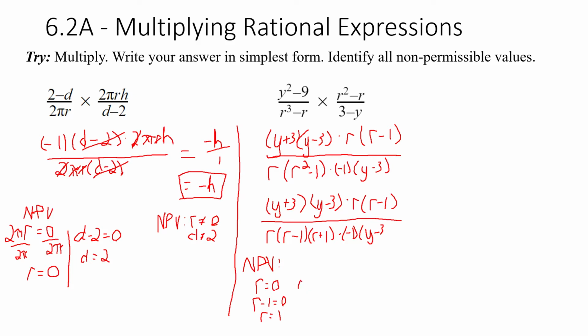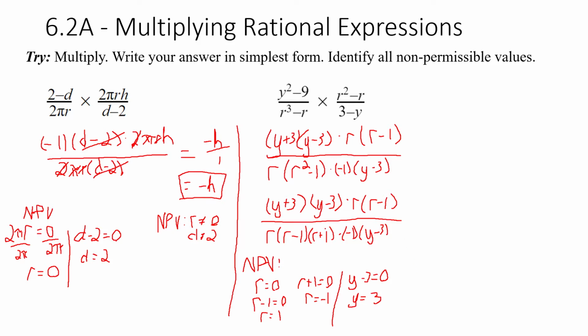And then r plus 1, want to find out what would make that 0 by subtracting 1 from both sides. And negative 1 would make this unit equal to 0. We got to do it for our y as well in the bottom here. So y minus 3. So that's all of our r's. Let's do the y. So y minus 3 equals 0. Add 3 to both sides, and you'll find that if y was equal to 3, that would make this equal to 0, and then the whole bottom equal to 0.